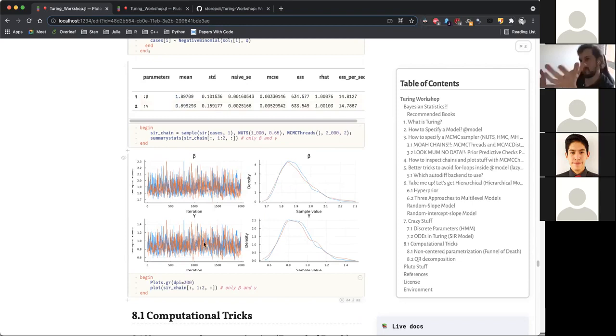So the chains converged, and also this is the whole density for both chains in our beta and gamma. So we have a nice density that captures all the uncertainty of our parameters. This is what really gets me excited in Turing, because of how it interfaces with the whole Julia ecosystem, specifically the differential equation solvers.